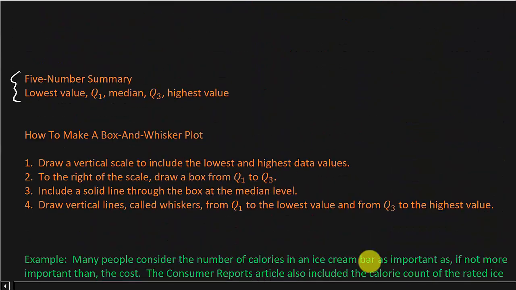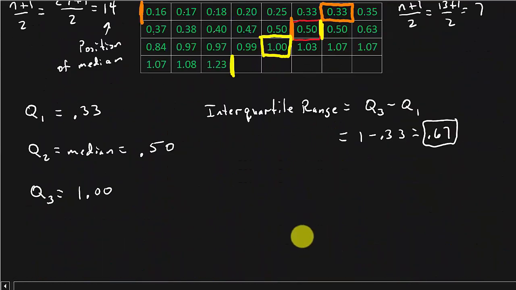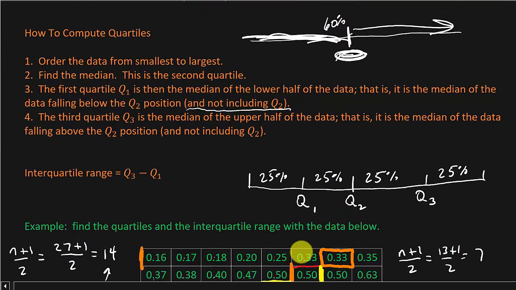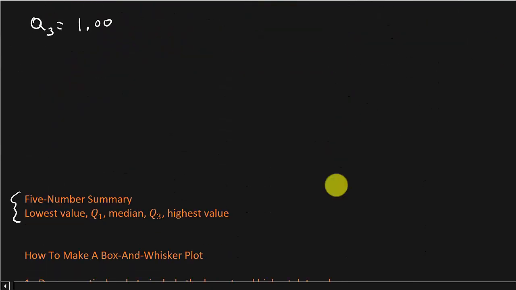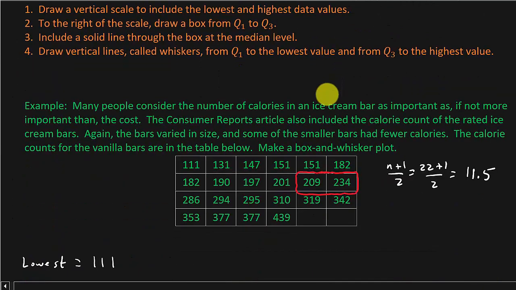Do you remember up here where it said when you're finding Q1, it's the median of the lower half of the data? That is, it's the median of the data falling below the Q2 position. And remember this, not including Q2.